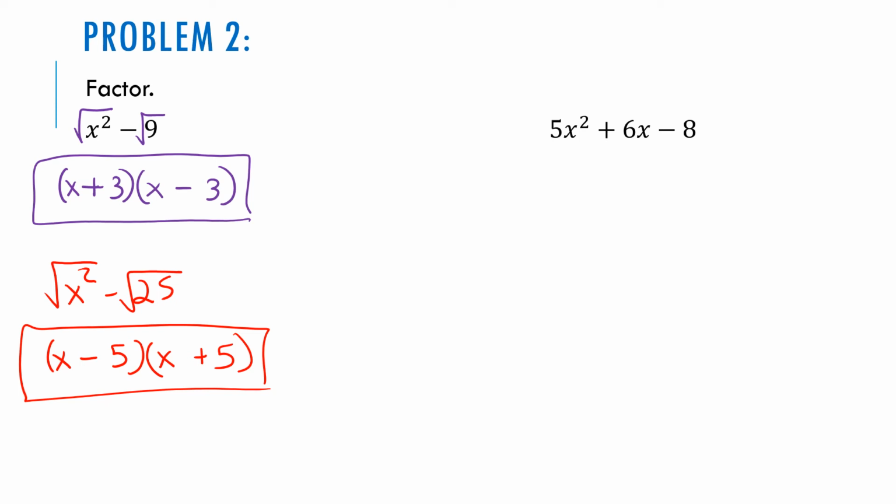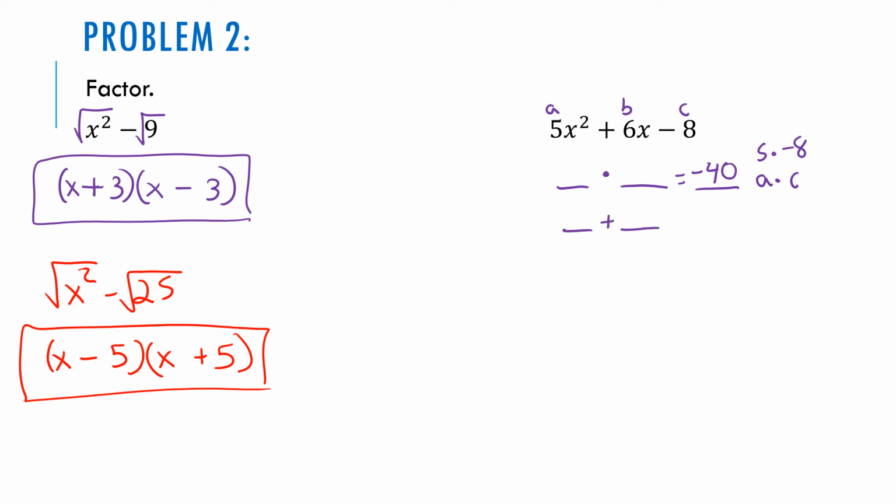All right, last problem we're going to look at, we have 5x squared plus 6x minus 8. Once again, we want to look for two numbers that multiply together to be a times c. In our case, our a, b, and c are labeled. A is 5, and c is negative 8. So 5 times negative 8 is negative 40.